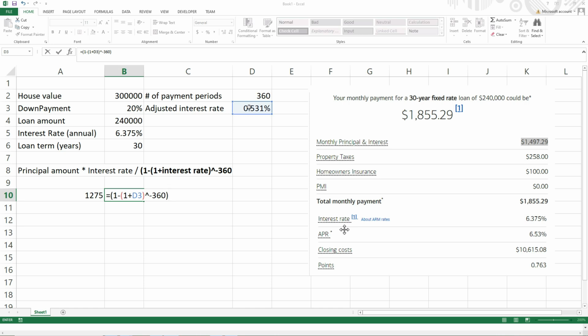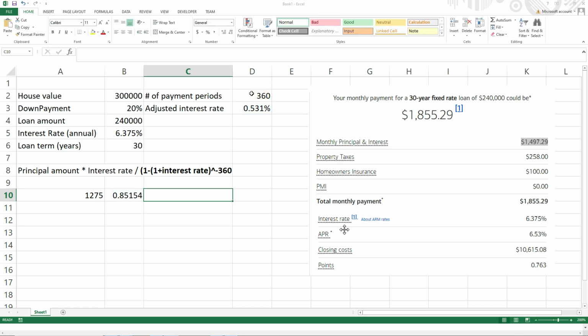Remember that we are talking about the number of payment periods here and not necessarily the number of years, because we want to calculate the monthly payment. So all other variables should be adjusted according to the frequency of your mortgage payments, whether monthly, annually, quarterly, or biannual, whatever.